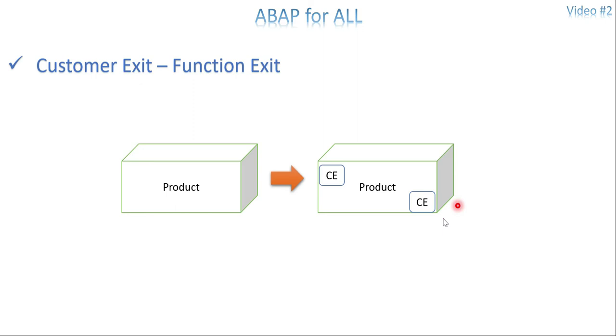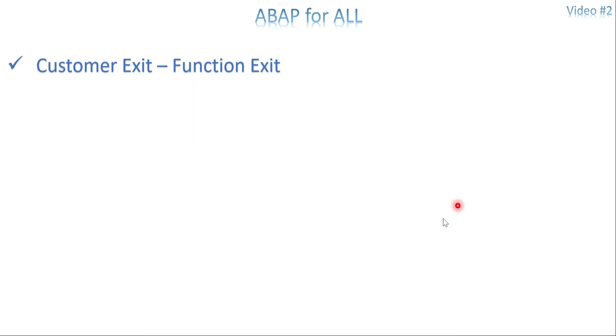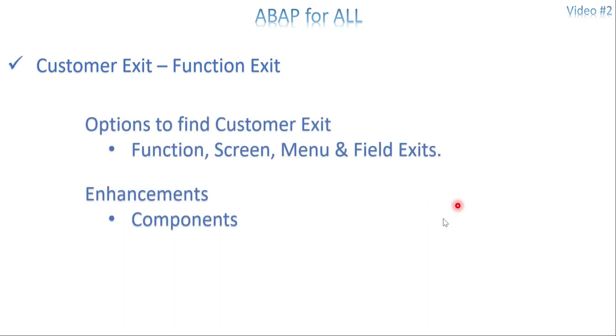They decided these are the places where customers might expect some change in the SAP standard functionality, so they provide these places where users can add their own code to fulfill their business gaps.